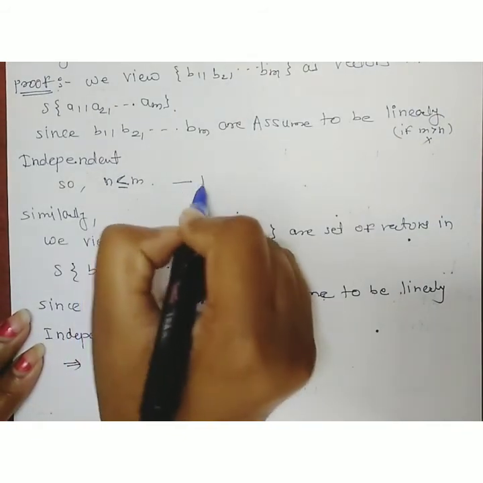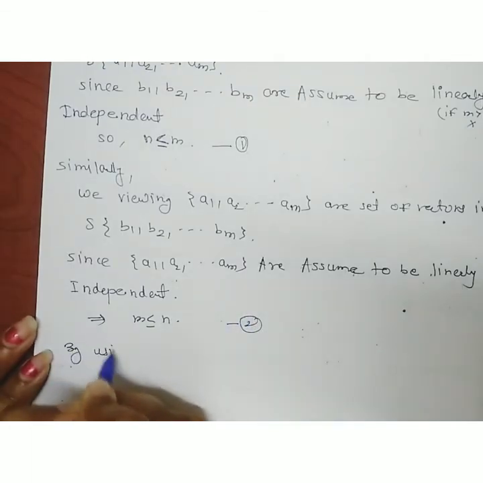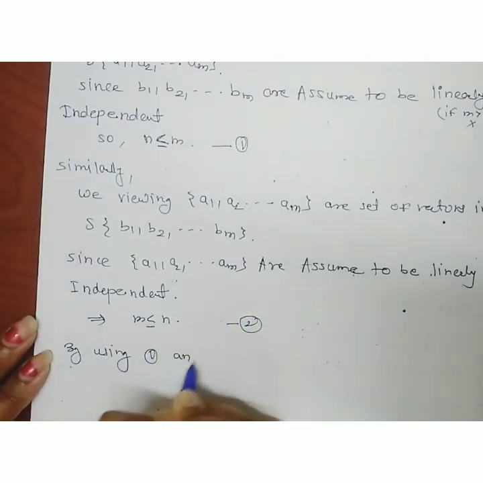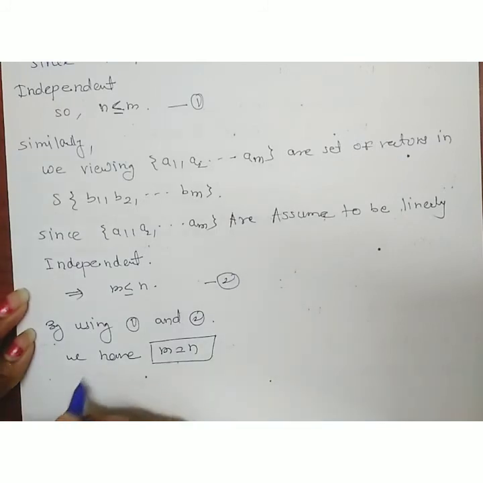Suppose this is first and this is second. By using first and second, we have n less than or equal to m and m less than or equal to n, therefore we must have m equal to n. Therefore, here is the proof.